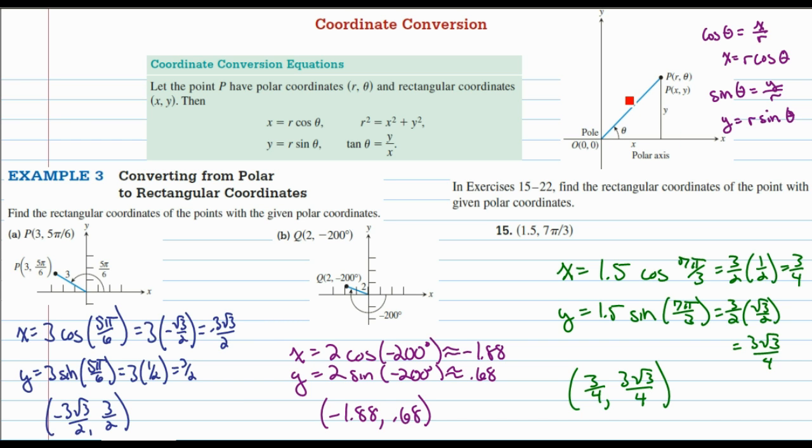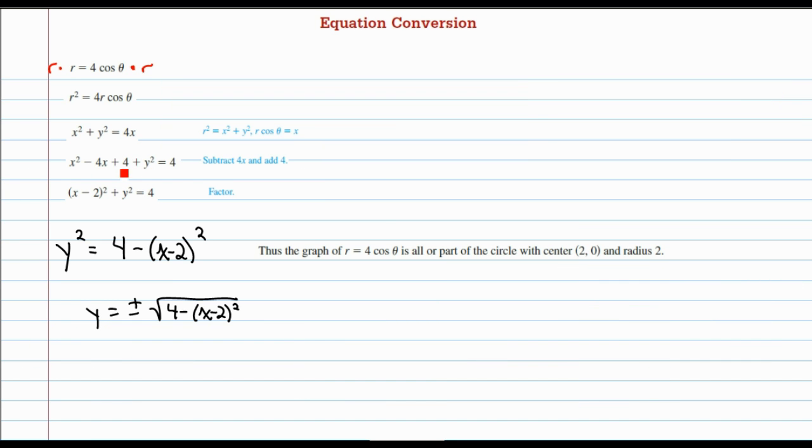If you multiply everything out on the left side and then factor x squared minus 4x plus 4 into x minus 2 squared, you get a circle with center 2, 0. The 2 is being subtracted from x, 0 from y, and then radius 2, which we would have to graph in our calculator as y equals the positive square root and then the negative square root. So we'd have to graph it in 2 different y functions.